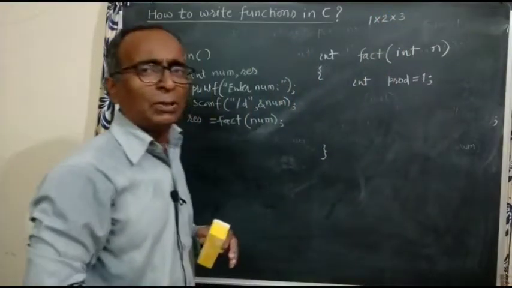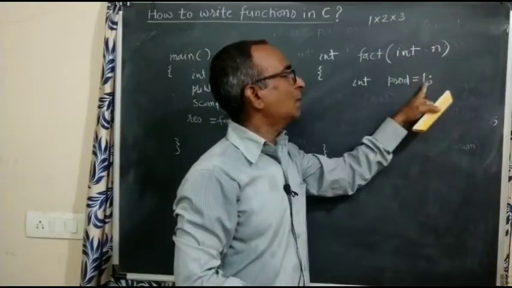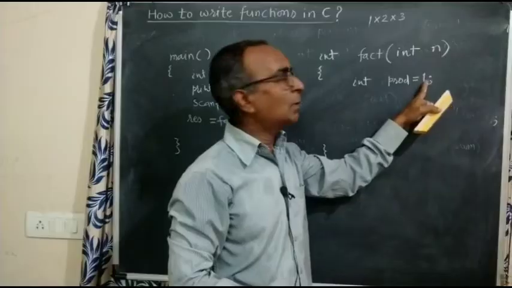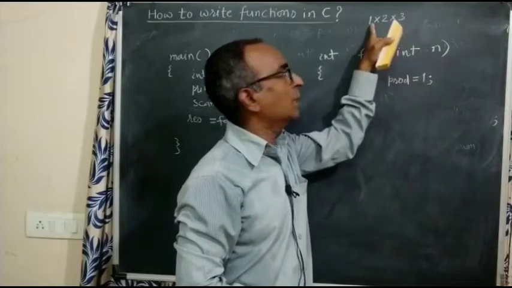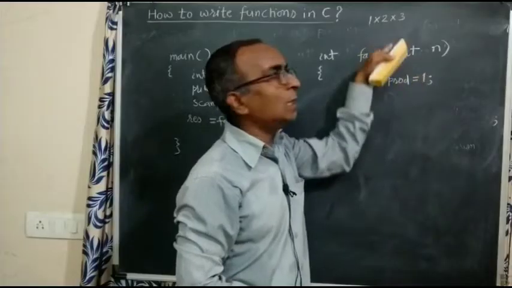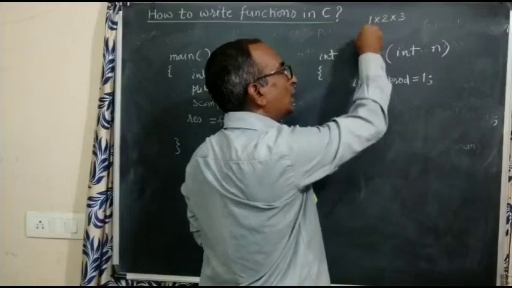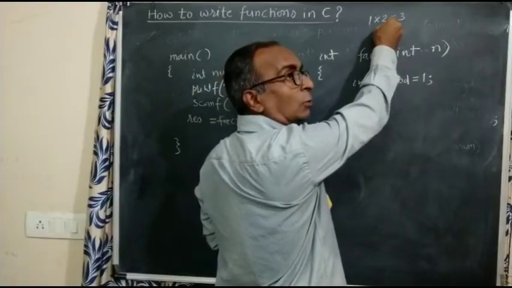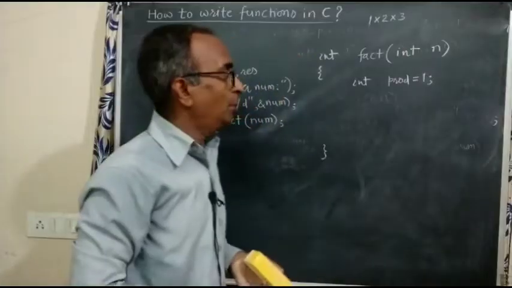So whenever there will be a series of multiplications, first take one variable and initialize it to 1. So first 1 into 1 will be done, then the result into 2 will be done. 1 into 1, 1. That result into 2, then 2, then result into 3. That way it will go on.